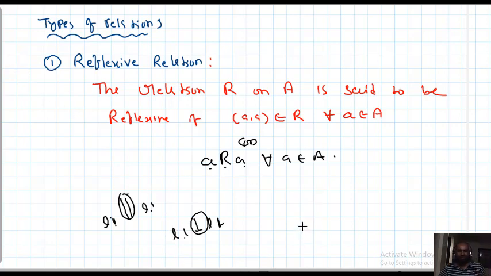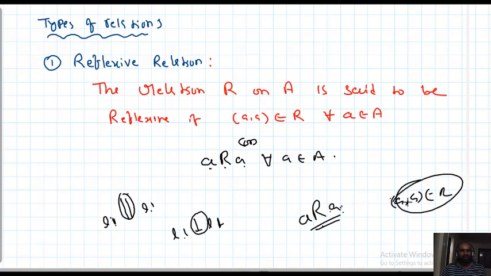Observe, students, a relation R is said to be reflexive if it satisfies this condition: a related to a, or this only you can write as the ordered pair (a, a) belongs to R. Both are the same. If a relation R is given as a related to a, such a relation is called reflexive relation.